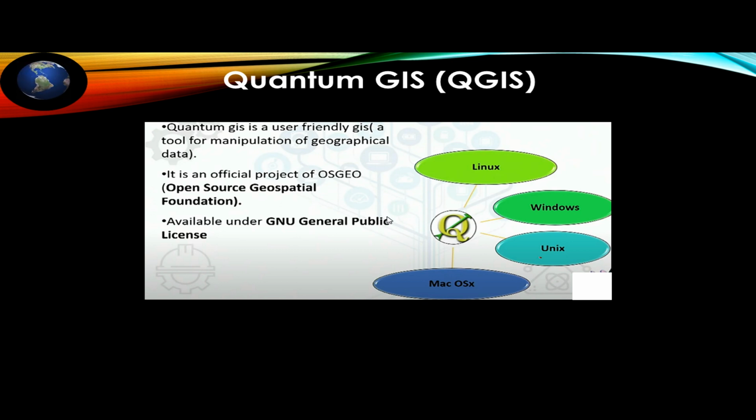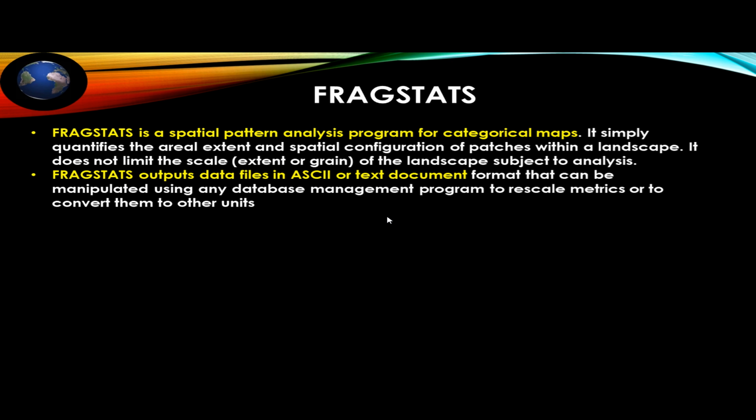It is an official project of OSGeo, the Open Source Geospatial Foundation, available under the GNU General Public License. So it won't ask you to give any money if you are installing. It is free to download and free to install on any Windows, Linux or Mac system.